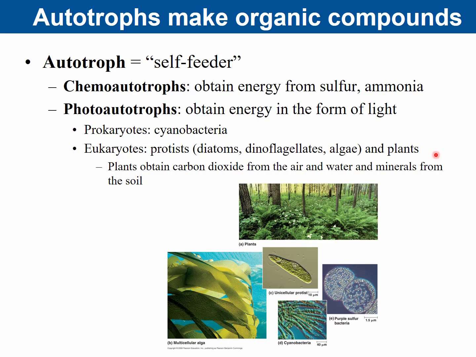This is not limited to just plants. Remember that we talked about how prokaryotes, such as cyanobacteria, can also do photosynthesis. They are also able to take carbon dioxide and water and convert it into glucose and oxygen. And remember that that's where a large proportion of the oxygen in the atmosphere actually comes from, not only plants, but other organisms as well.